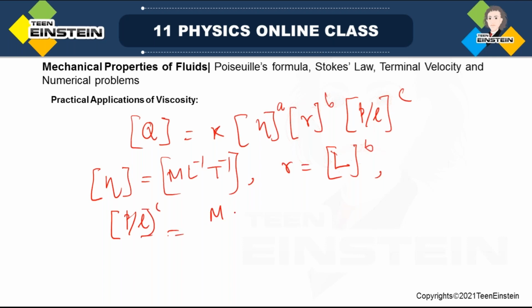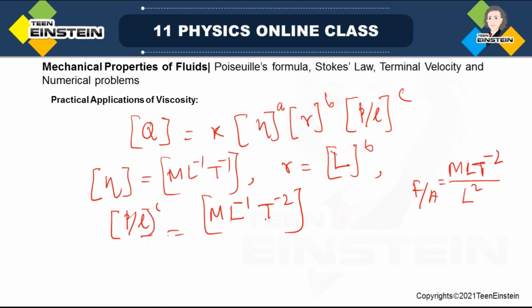Pressure is actually force per unit area, so area means L square, and force is M L T to the power minus 2, divided by L square, so you'll get M L to the power minus 1 T to the power minus 2.